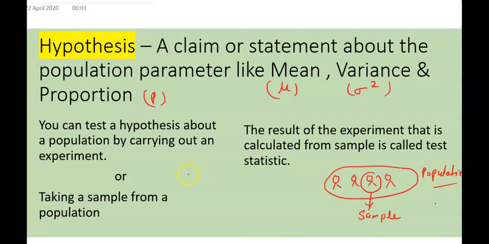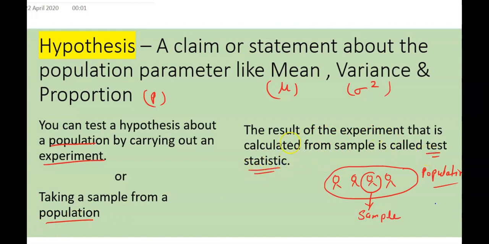Now, you can test a hypothesis about a population by carrying out an experiment, or taking a sample from a population. The result of the experiment that is calculated from the sample is called the test statistic.